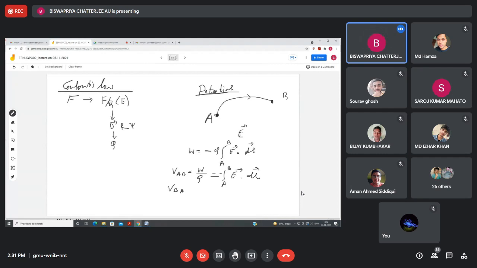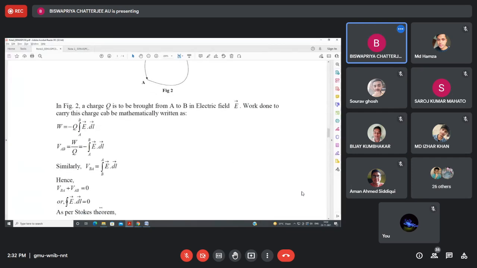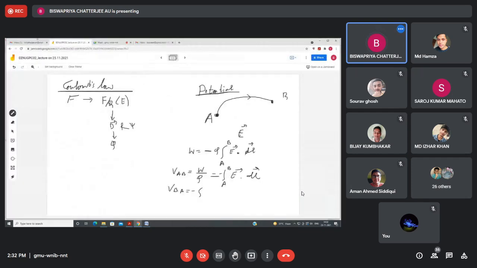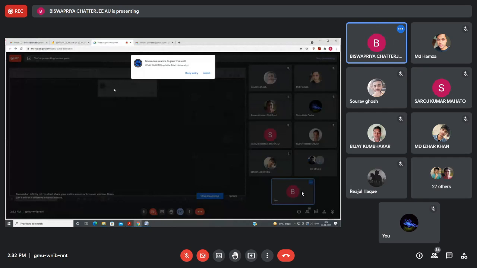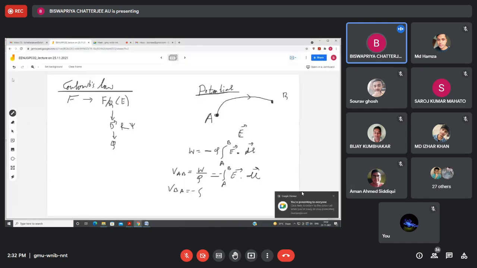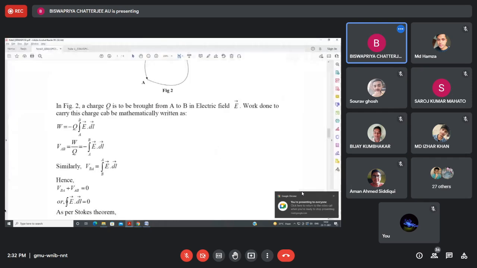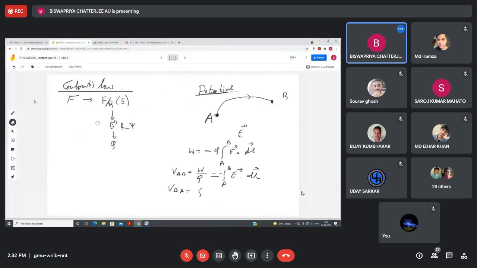VBA is just the reverse, minus the integration from B to A of E dot dl.